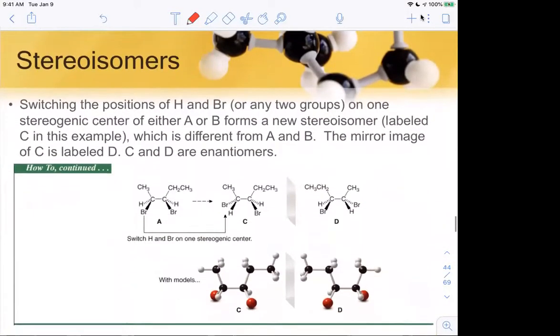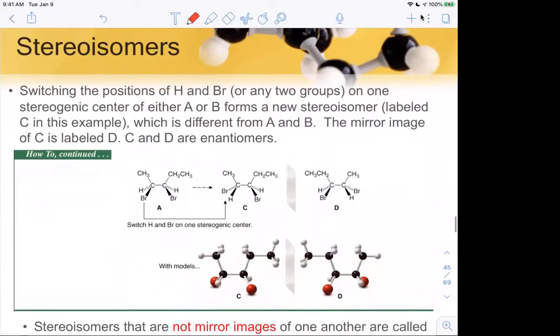So how do I get the other 2? I'm going to switch the positions of one of the hydrogen and bromine on one of the stereogenic centers of either A or B. So let's work with A, where I have these bromines bolded out. I'm going to switch this center.